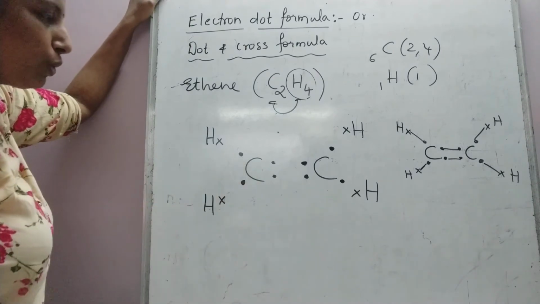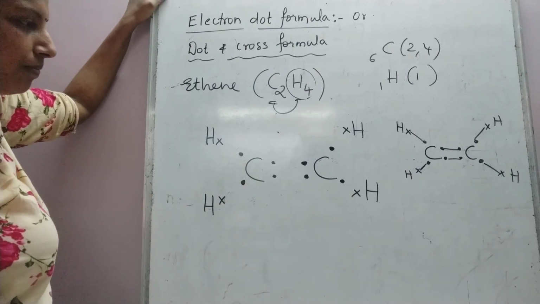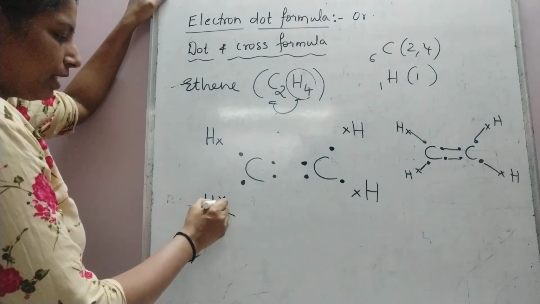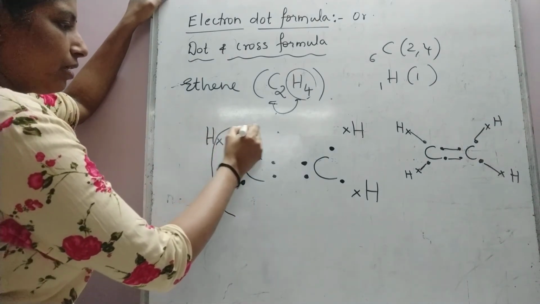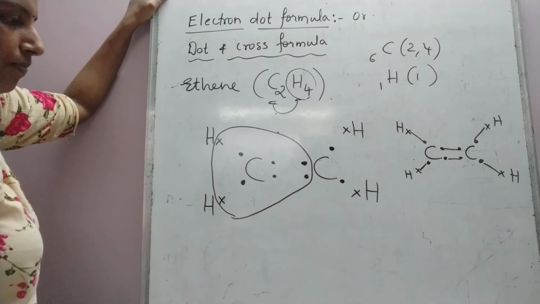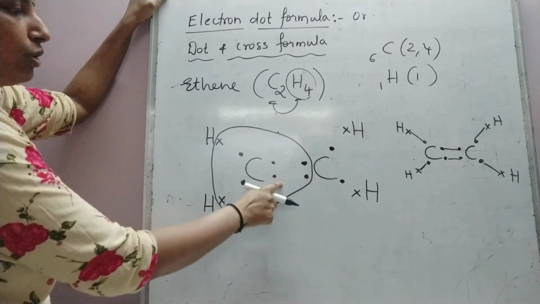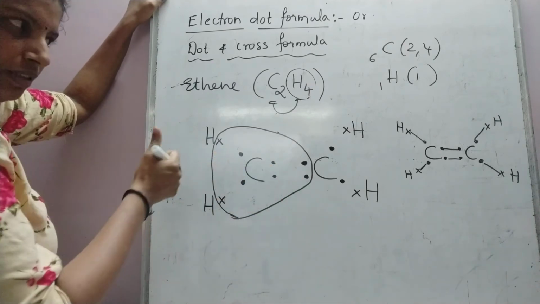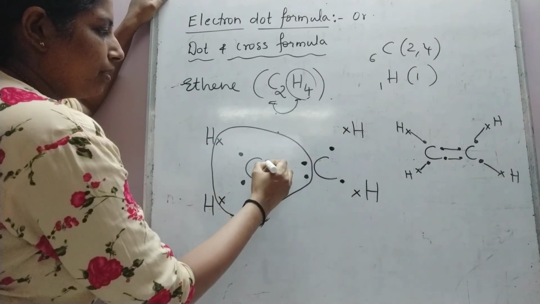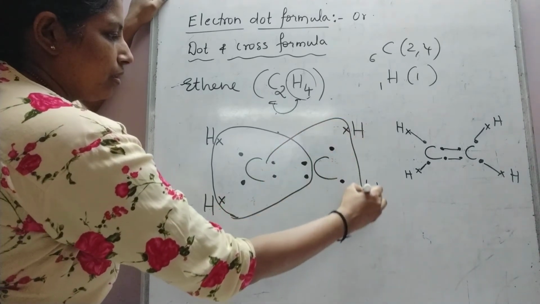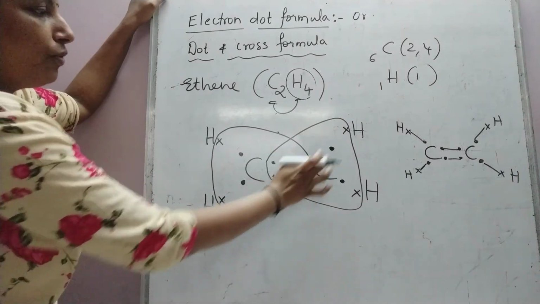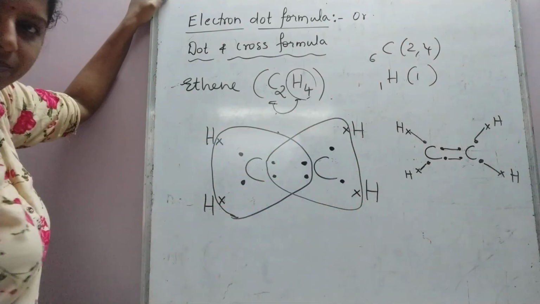How will you show the completion of octet? Around this carbon, how many electrons are there? 1, 2, 3, 4, 5, 6, 7, 8.